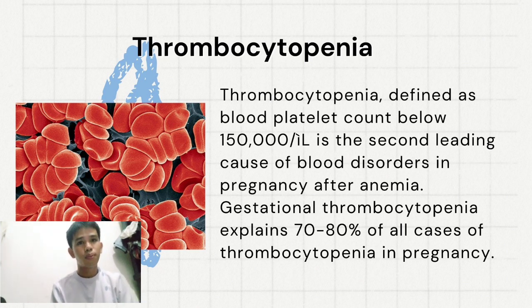Thrombocytopenia, defined as blood platelet count below 150,000 platelets per microliter, is the second leading cause of blood disorders in pregnancy after anemia. Gestational thrombocytopenia explains 70 to 80% of all cases of thrombocytopenia in pregnancy.